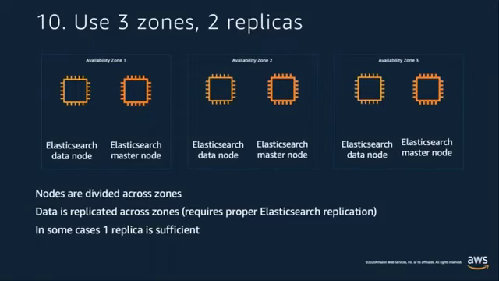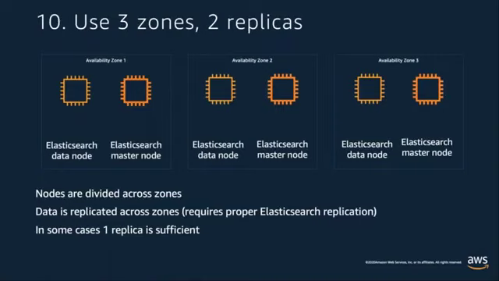If you use 2 replicas in 3 zones, then you can survive loss of either 1 or 2 zones and still retain all the data in your domain. You can also survive the loss of 1 or 2 nodes in the cluster without being in danger of losing any data from the cluster.